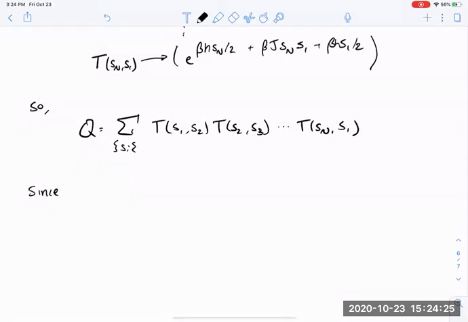Now, that has a form that some of you might have seen before. That's the form of a matrix product.